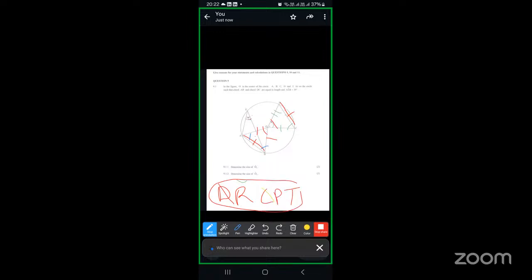There is no cyclic quad on this, there is no parallel line, and there is no tangent too. So we can go straight now to the questions. The question says determine the size of angle O1, which is this angle right here. So how do you think we can find the size of angle O1?